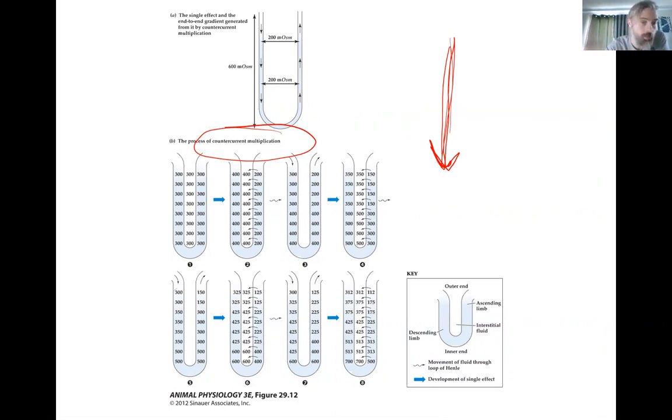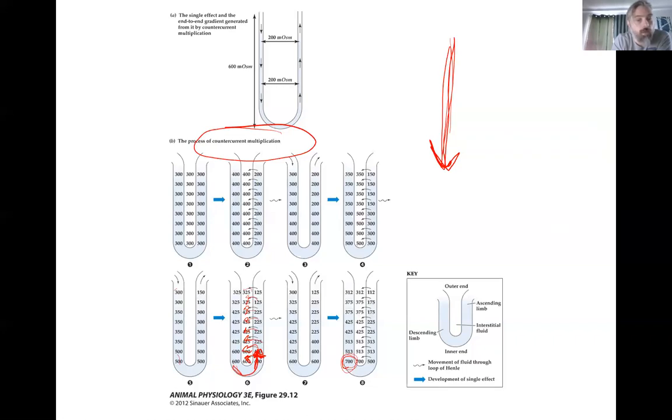So we go from 300 milliosmoles to 500 milliosmoles to maybe a maximal 700 milliosmoles, at least in mammals. We become more and more concentrated. But at the same time, as we come back up, we're actively pumping salt out, making the interstitial fluid saltier all along the way.